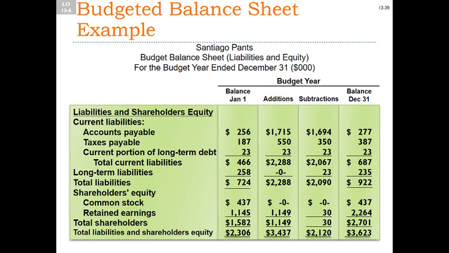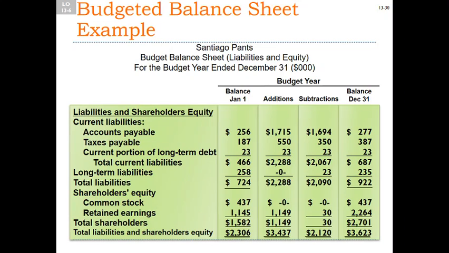And then you've got your common stock, no change there. You've got your budgeted net income after tax of 1,149,000, so you add that. You've got your budgeted dividends of 30 that you're subtracting from retained earnings.